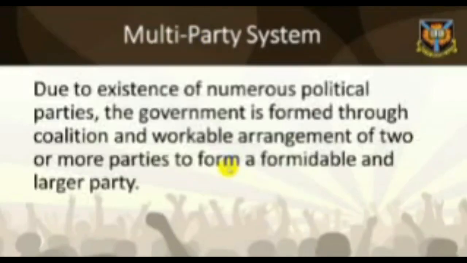Most times, due to existence of numerous political parties, the government is formed through coalition and workable arrangement of 2 or more parties to form a formidable and larger party.